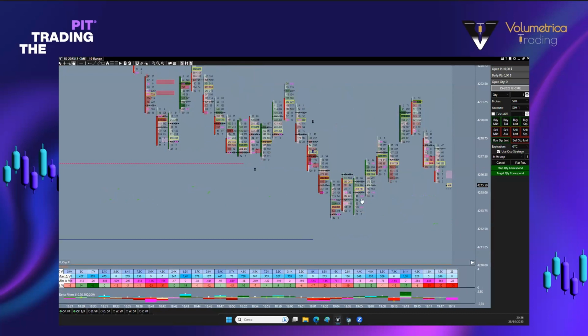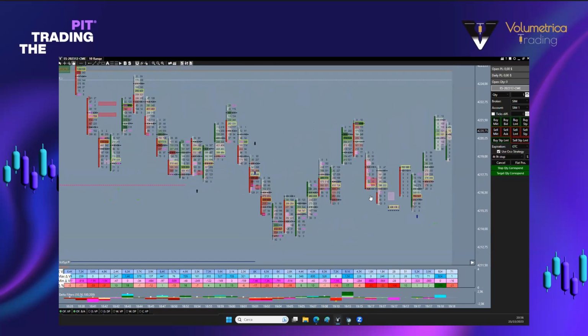Of course, that's an amazing example. Look at that. Here we had a really strong effort to the upside because we have a really strong, positive delta, but price wasn't able at all to move further up.